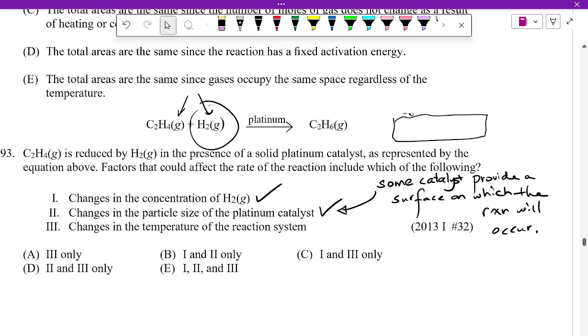So yes, and then changes in the temperature, will that change the rate? Yes. Okay, but like I said, I'm not going to ask you something like that where we're talking about properties of different types of catalysts because we haven't really gone into that. Okay. So that would be E, 1, 2, and 3.